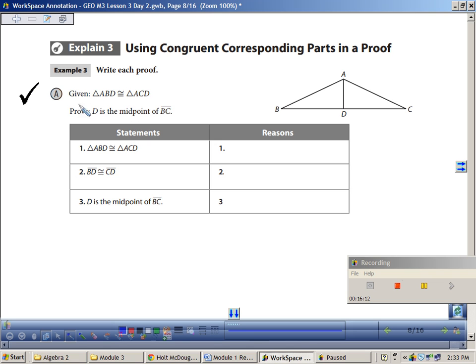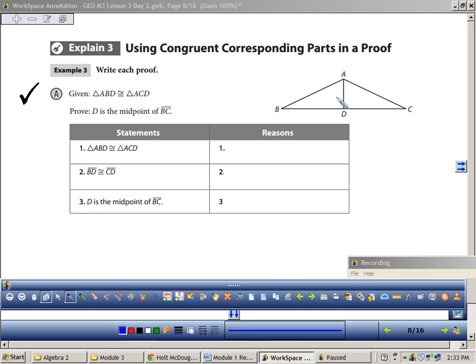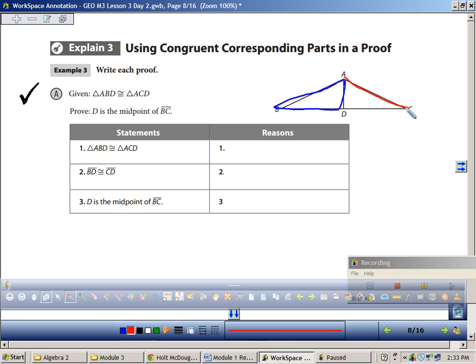Okay? So, if it tells me that I have triangle ABD, which is right here, A, B, D is congruent with ACD. We just learned a whole bunch about that, right?